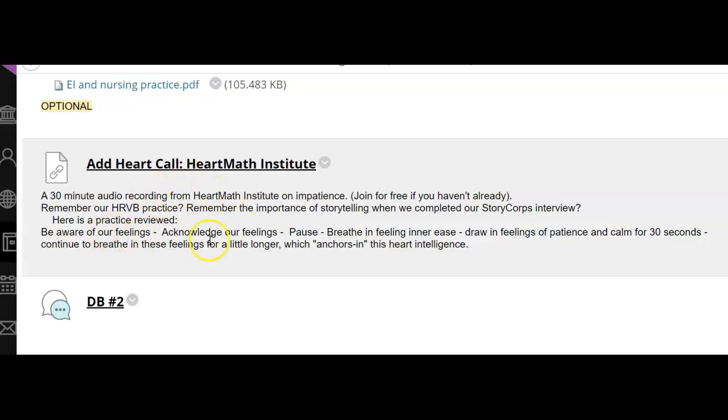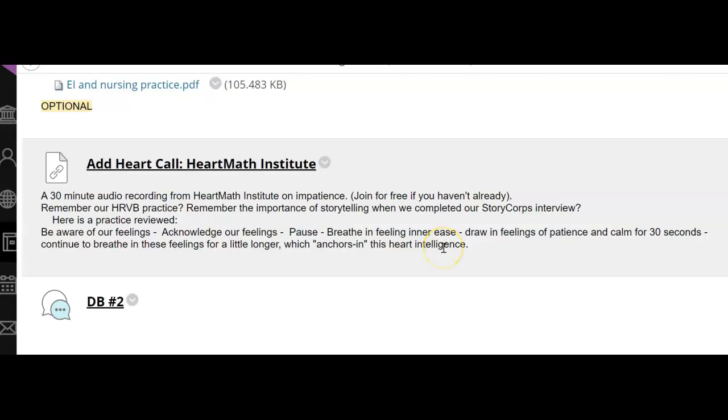And then remember this practice that Heart Math Institute offered us. Be aware of our feelings, acknowledge our feelings, pause, breathe in feeling inner ease, draw in feelings of patience, and calm for 30 seconds. This anchors in this heart's intelligence.